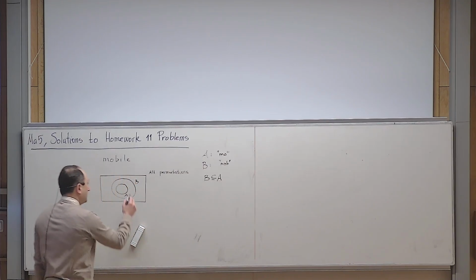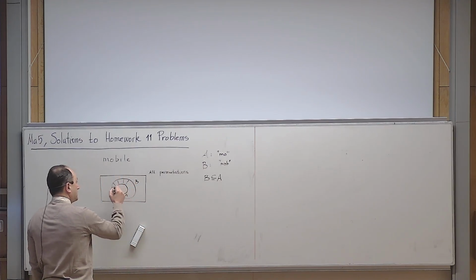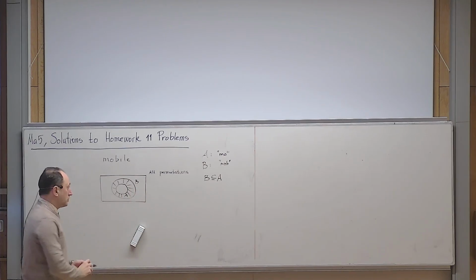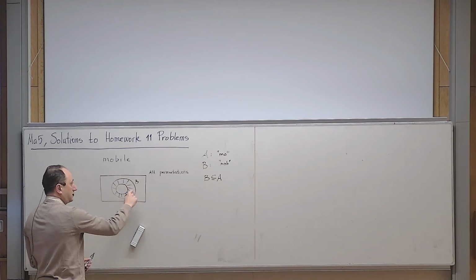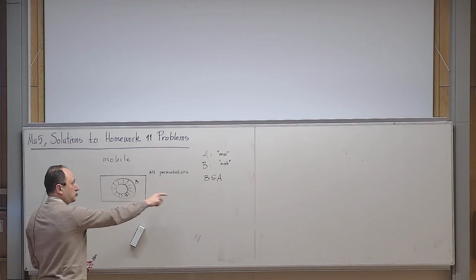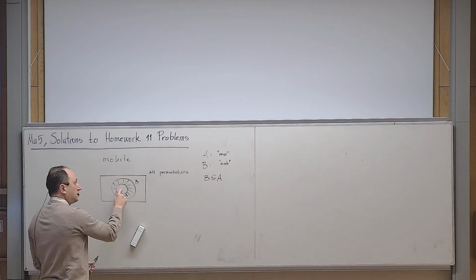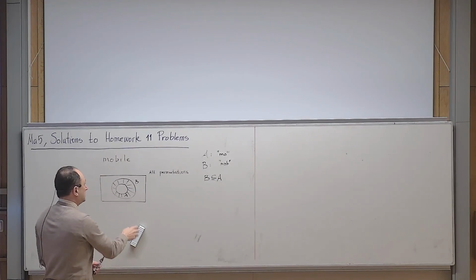We want to count the number of elements here. Whatever is inside B contains MOB, and it is not here, so it does not contain. Sorry, did I write it the other way around?